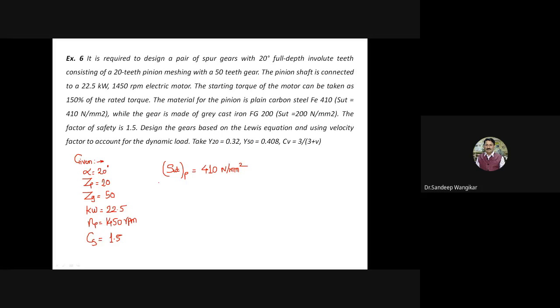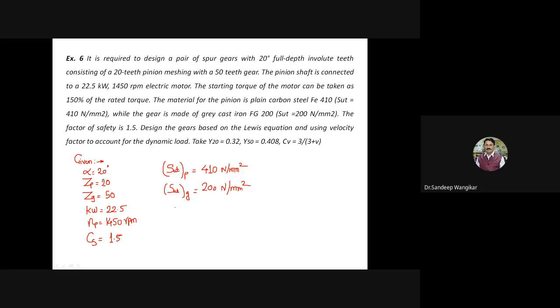While the gear is made up of grey cast iron, whose SUT is given as 200 Newton per mm square. So I will write down SUT for gear is equal to 200 Newton per mm square. So both the pinion and gear are made up of different materials having different ultimate tensile strength.